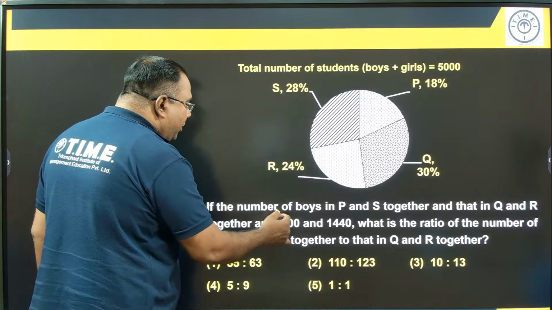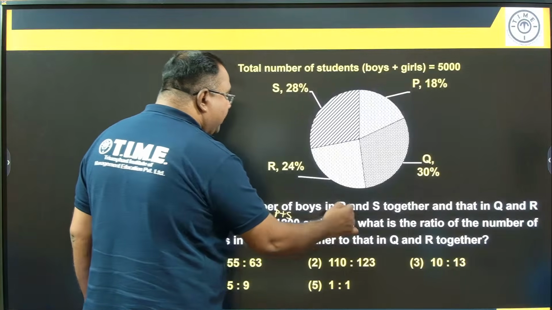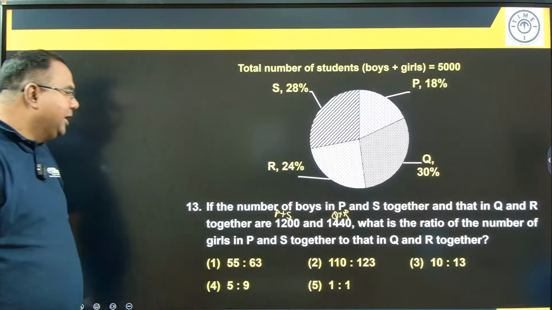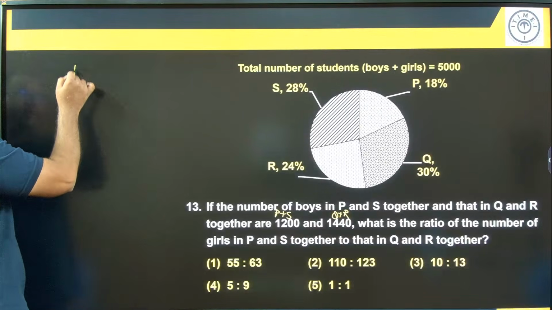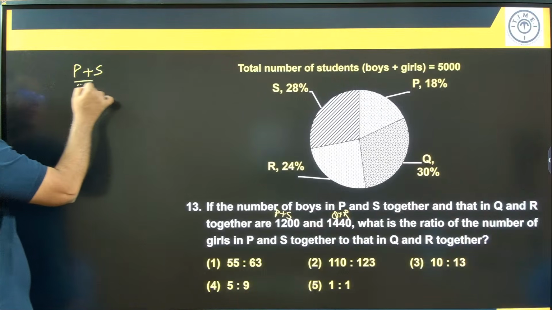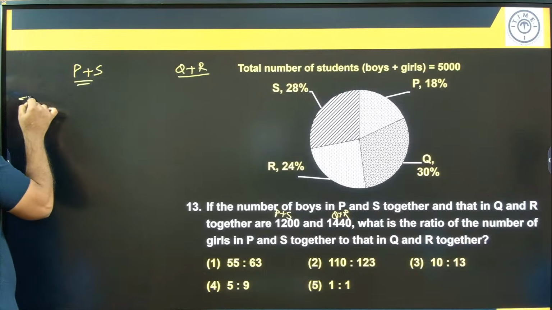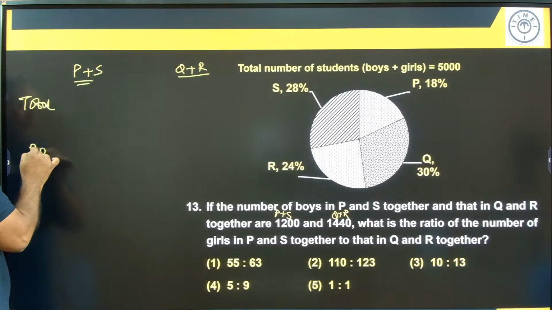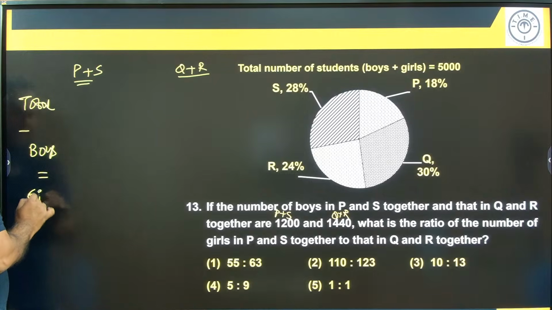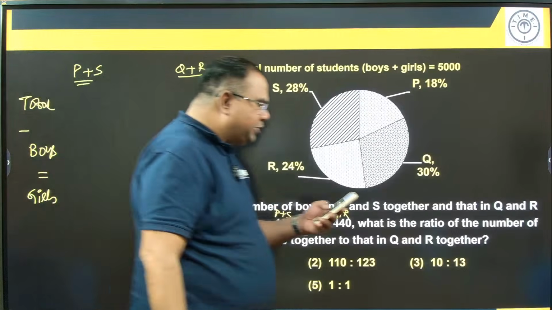This is the number of boys in P and S, and this is the number of boys in Q and R. What's the ratio of the number of girls in P and S to that of Q and R? Simple, try this. P plus S, Q plus R. Find out the total. You know boys. Subtract total minus boys. I gave you the hint. You get girls. We need the ratio of girls in P and S to Q and R.